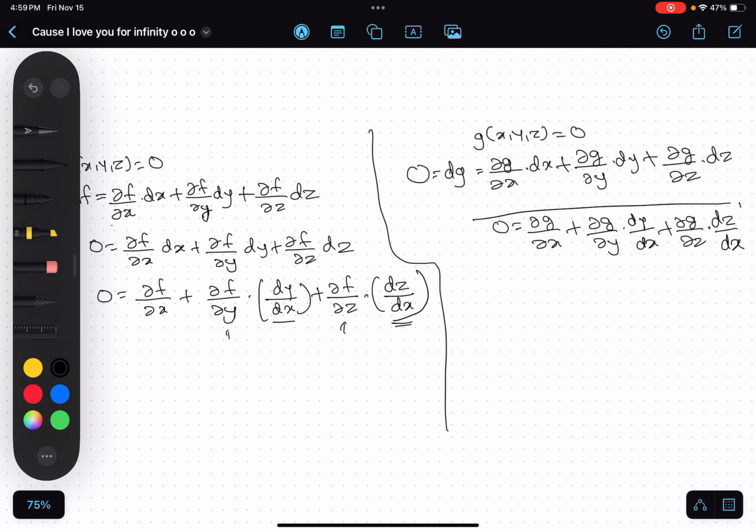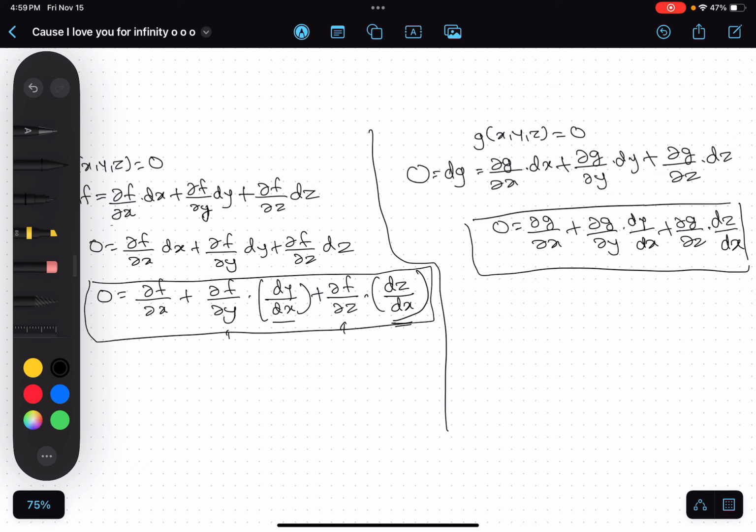Now we have these two equations, and we want to solve for dy by dx and dz by dx, right? To solve for those two, let's say these are our main variables and others are constants, though they are not, just for solving.